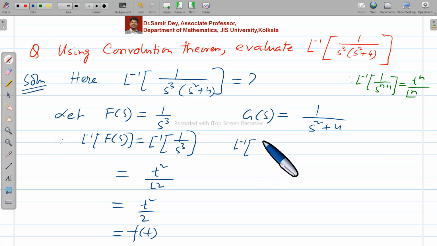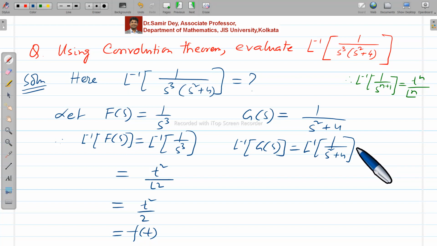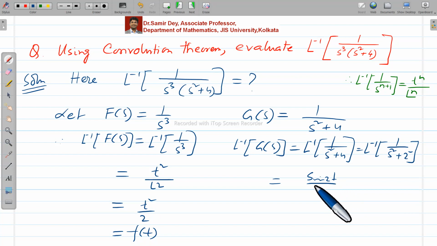Same thing is here. L inverse of Gs equals L inverse of 1 by s square plus 4, which is nothing but 1 by s square plus 2 square. So from here you may write the formula, sine 2t by 2, which is your Gt. Clear?